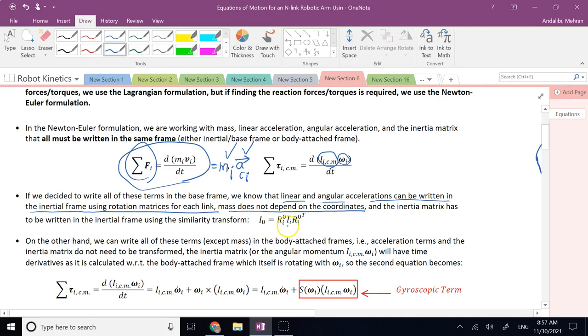If I know the inertia matrix about a frame that is parallel to frame I but passing through the centroid, and I call it II, and I want to know what is that I rotation, the inertia matrix in the base frame, I need to pre and post multiply it by the rotation of that link and the rotation of that link transpose.